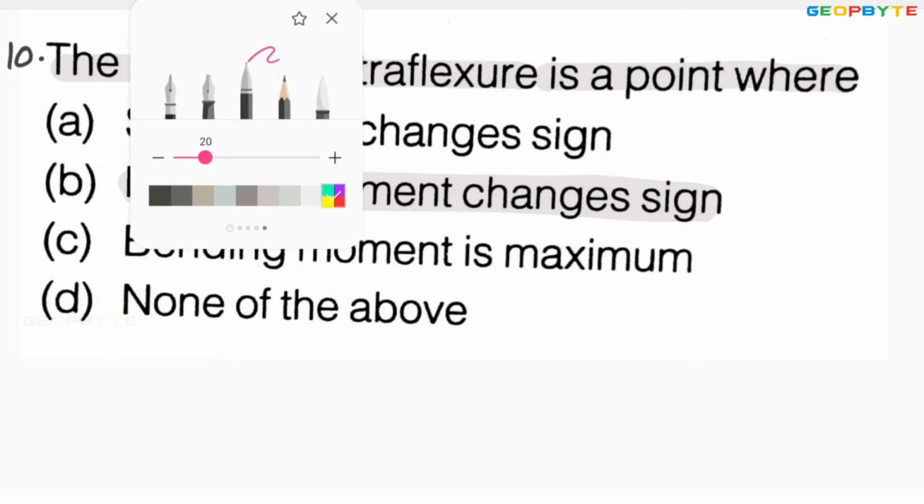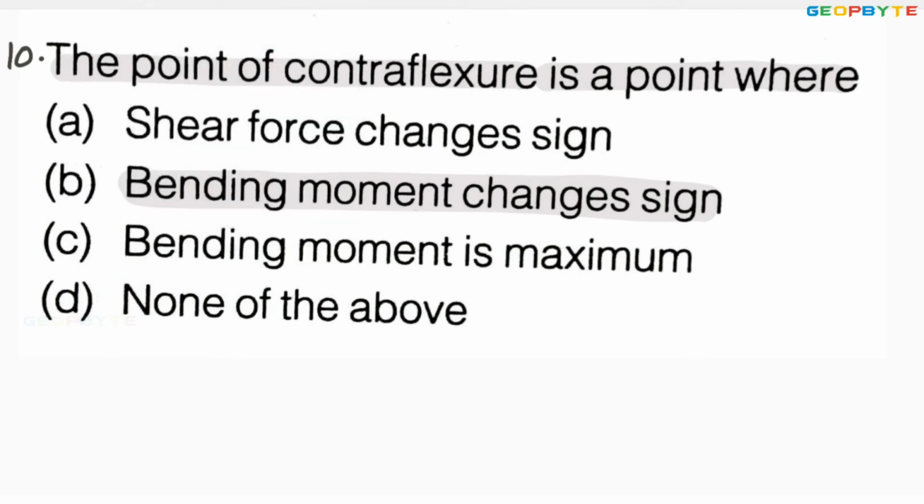Therefore, at the point of contraflexure, the bending moment is 0. Anyhow, option B is correct. Remember, my dear friends, the point where the bending moment diagram changes its sign from negative to positive or positive to negative is called the point of contraflexure. Generally, the point of contraflexure occurs in the overhanging beam.